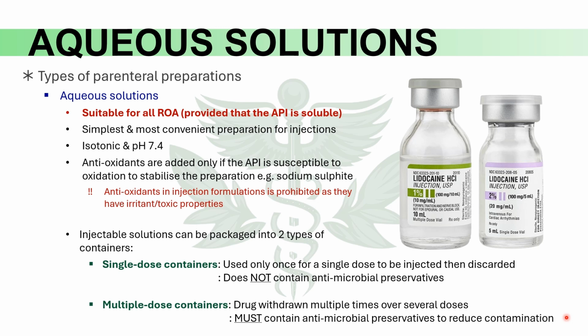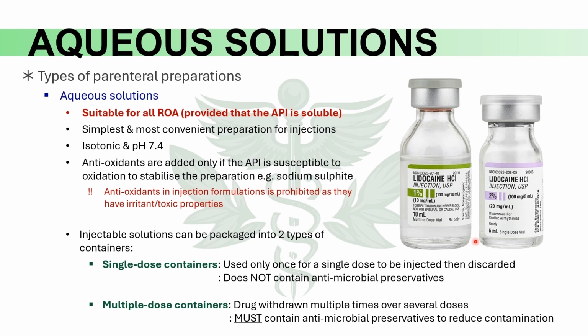Multi-dose containers are usually glass vials with rubber stoppers, as we can see from this diagram. And every time we withdraw the drug, microbes in the air have a chance to contaminate the preparation, and therefore we need to add antimicrobial preservatives to reduce the risk of contamination.